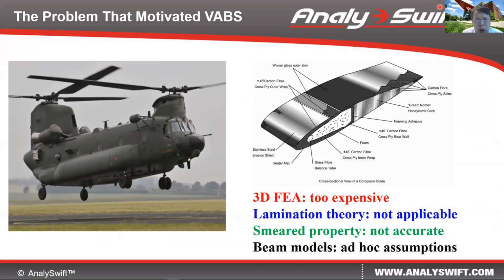The VABS technology was motivated by the need of the Army to provide an engineering solution for composite helicopter rotor blades. Composites are used to make helicopter rotor blades because of their excellent fatigue performance.